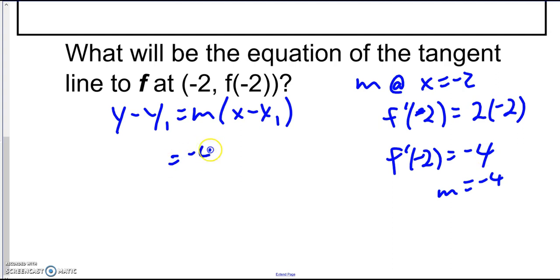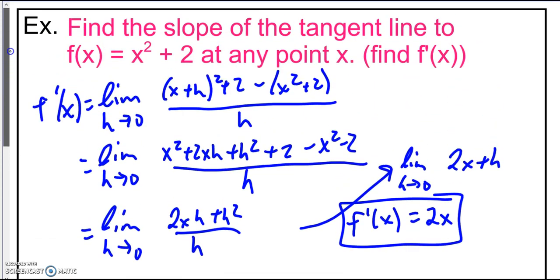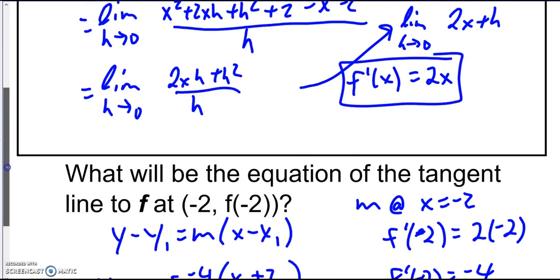So again, the derivative equation gives us the slope at any point along the equation. Now we just need to find our x1 and our y1. Well, we know our x1 is negative 2, so I can plug that in. That would be plus 2 there. Well, how do I find my y? I need to find f of negative 2. So again, I'm not using the derivative here. I'm going to go up to the original function, which is x squared plus 2x, and substitute it in there.